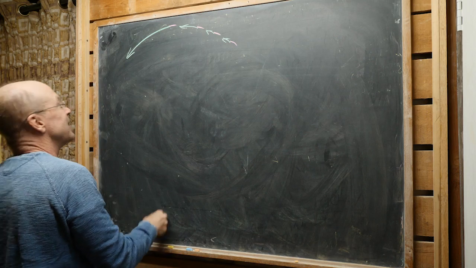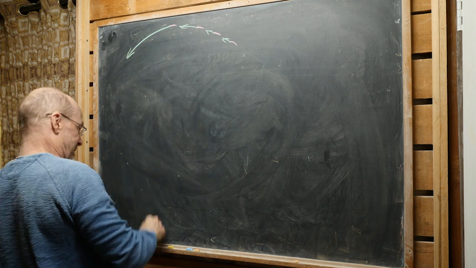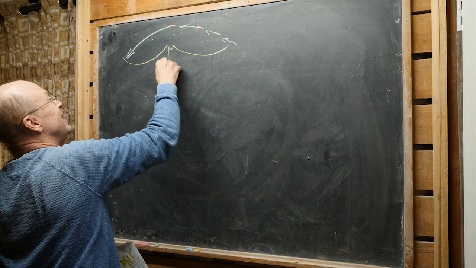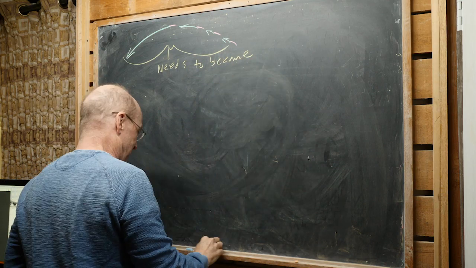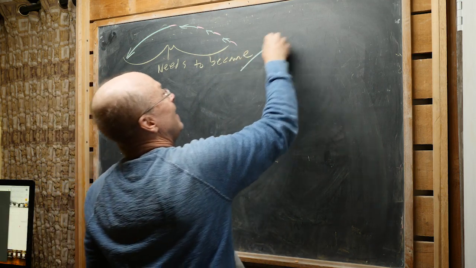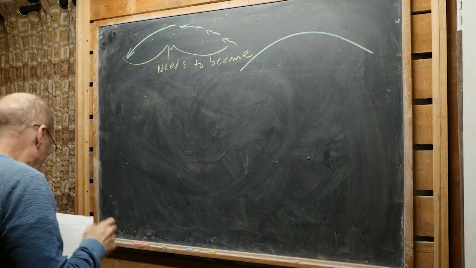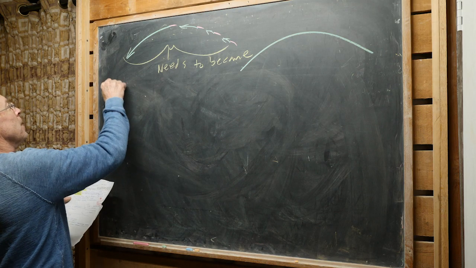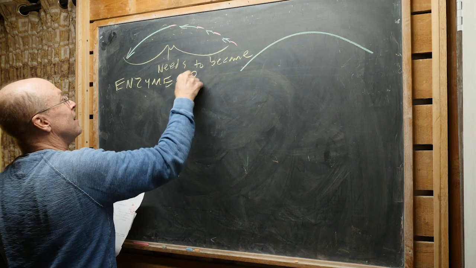So we got to basically, this thing needs to become that through the whole process, basically. And that's a huge deal. So it's going to require some enzymes. Enzymes are going to be required.